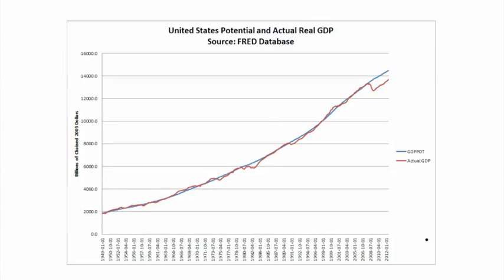So you can see how, on average, actual GDP follows the trend line, potential GDP, reasonably closely, but the periods of recession, like the early 1980s, the early 1990s, and the global financial period, are very obvious from this chart, periods where there is a contractionary output gap and actual GDP falls below potential GDP.